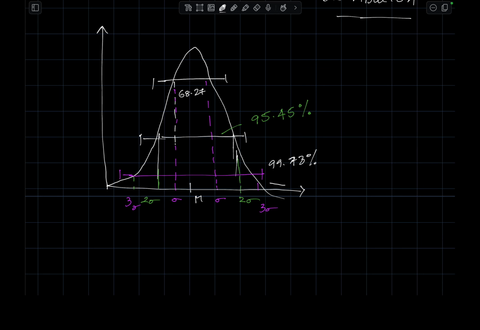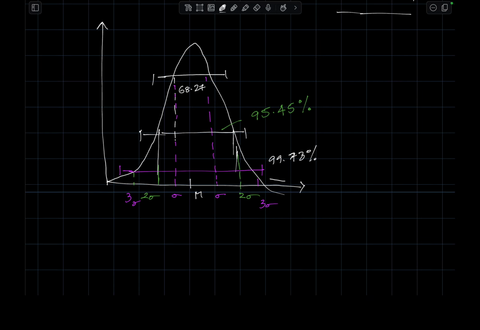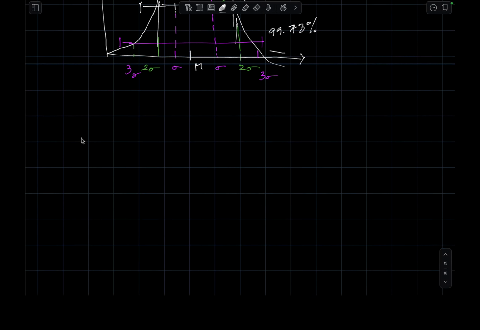So if someone asks the question, what is the probability of mu minus sigma less than or equal to x less than or equal to mu plus sigma, without any calculation we can just write it as 68%.